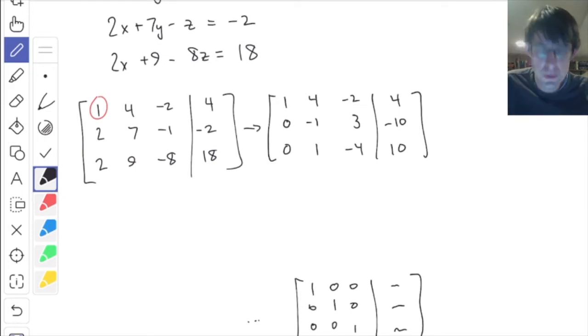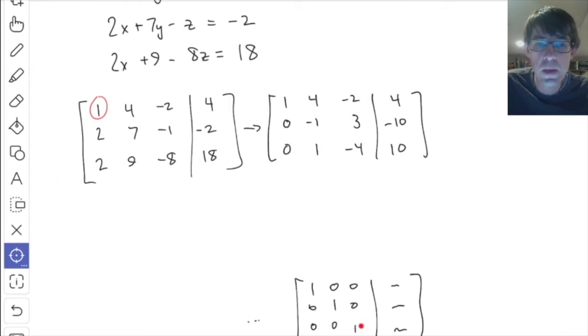The next thing I would do is, because this is the format I'm looking for as my final answer, or at least something as close to that as we can get, to make this +1 in the middle position here. Anybody remember how to do that? What's the operation I should do to make a +1 in this position?